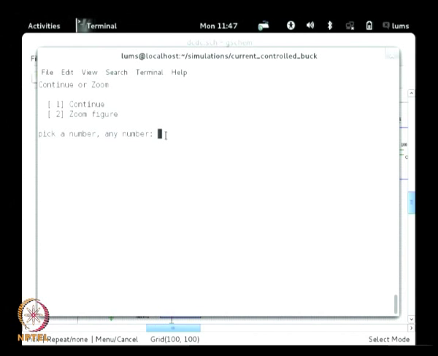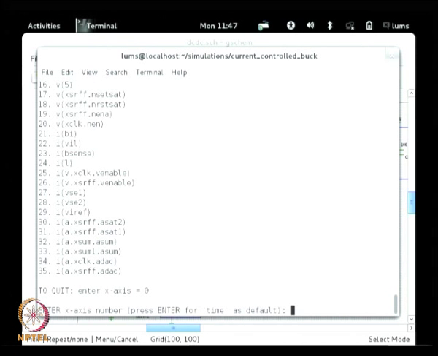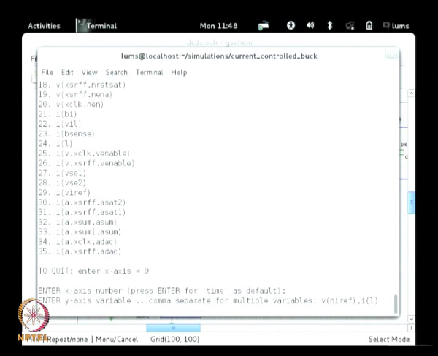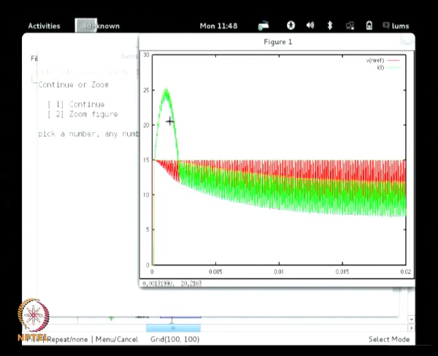If you look at the initial response, during this period, see that we have provided a 10% duty ratio for the clock.